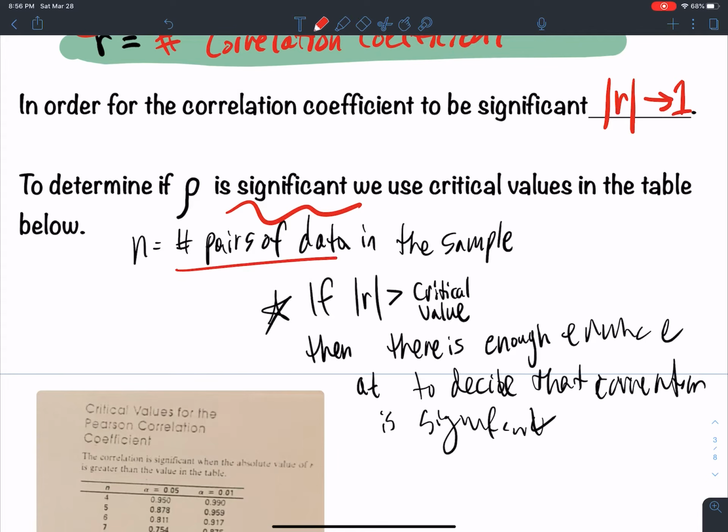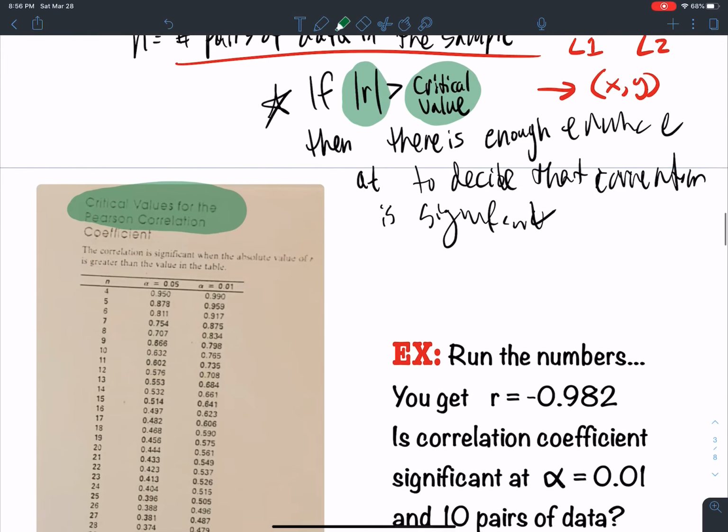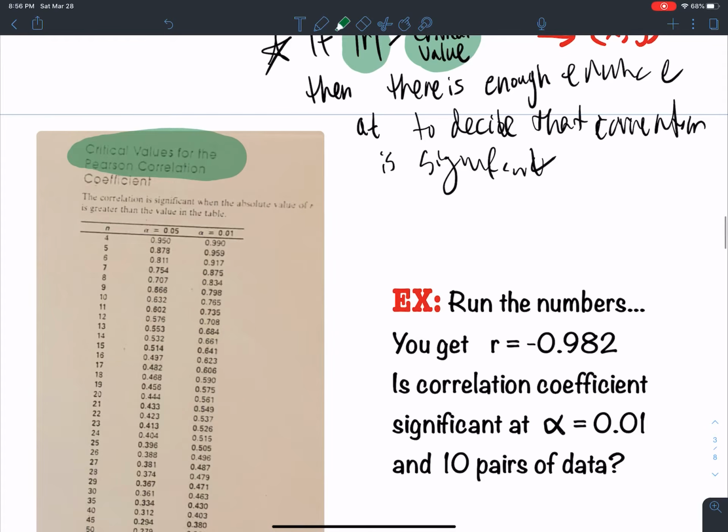Now there's n pairs of data. Remember you had your x, your independent, in L1, and your y, your dependent, in L2. They're paired data, so this would be one data point, x, y. So n pairs of data. If the absolute value of R is greater than the critical value that you find in this table, then there's enough evidence to decide that the correlation is significant.